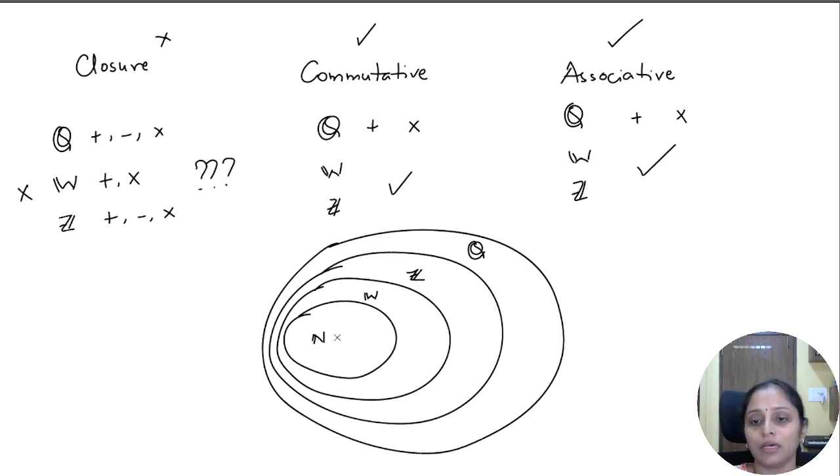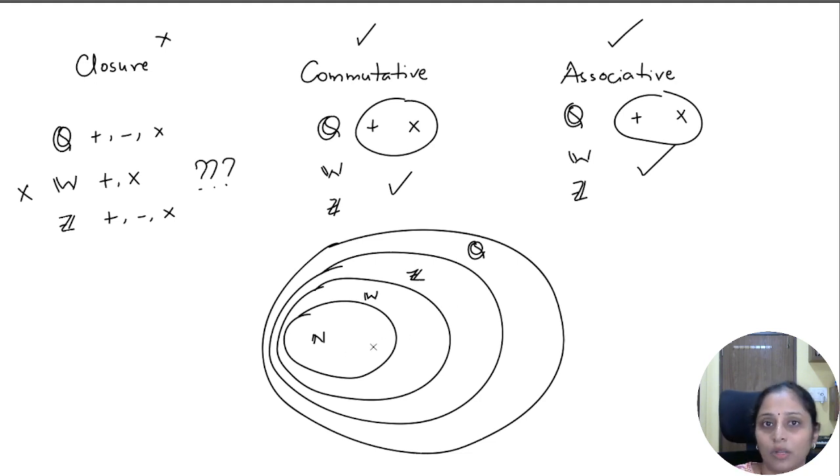Now if these represent our sets that we have been discussing in this chapter, if you look at the associative and commutative property, the nature of that property is more to do with the operation itself rather than the set, because here the set of integers is a subset of rational numbers, the set of whole numbers is a subset of integers, and the set of natural numbers is a subset of whole numbers.